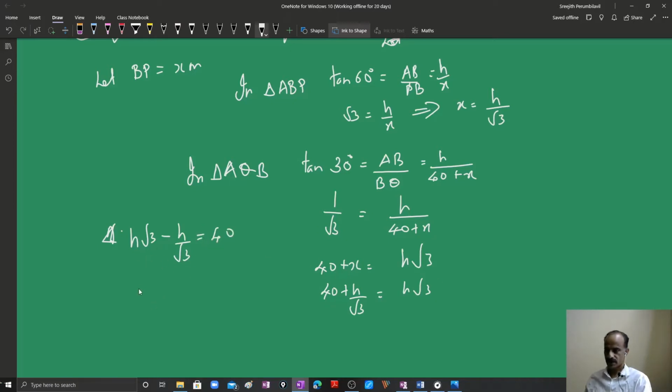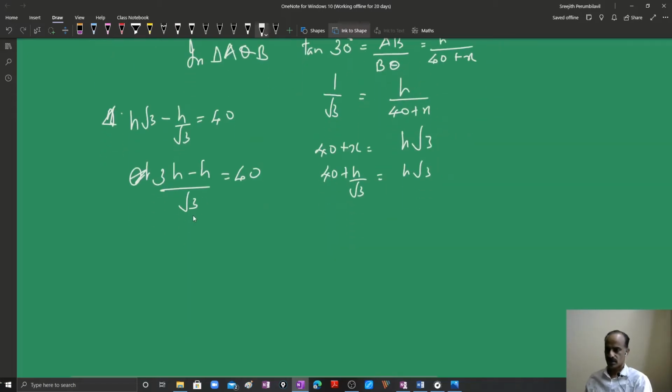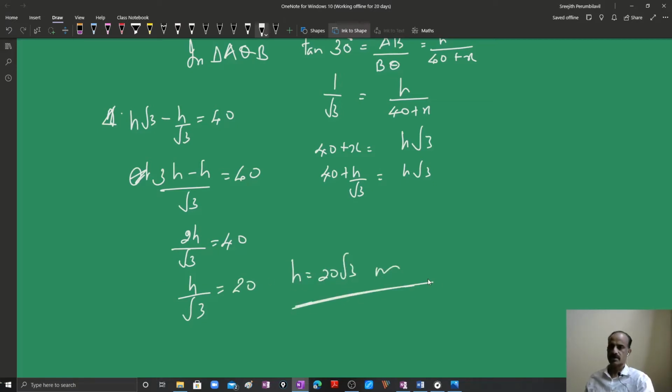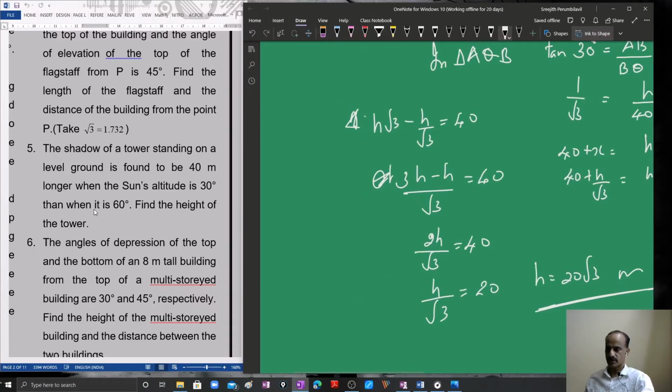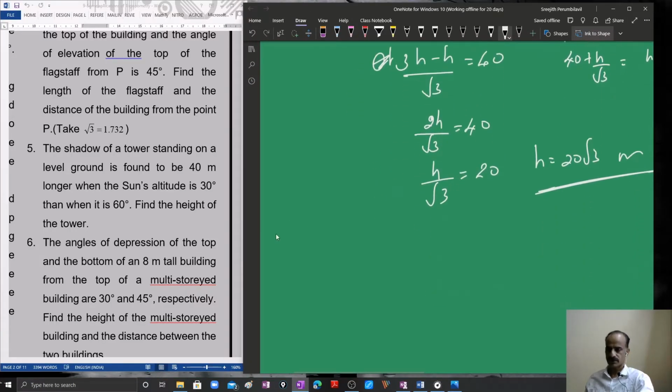Taking LCM, 3H minus H by root 3 is equal to 40, or 2H by root 3 is equal to 40. That means H by root 3 is 20, or H is equal to 20 root 3 meters. The value of root 3 is not given in the question, so keep the answer as root 3.